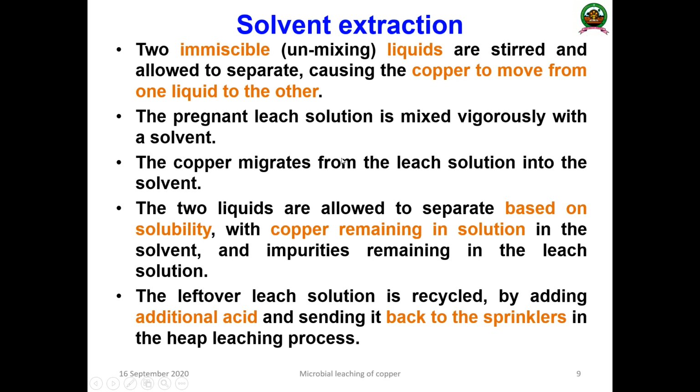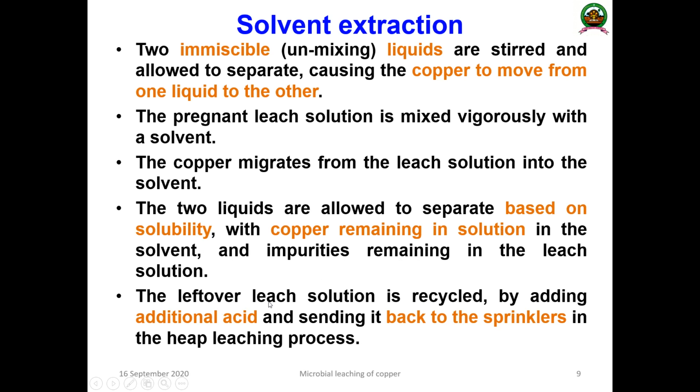Then the copper migrates from the leach solution into the solvent, and the two immiscible liquids are allowed to separate the copper and the acids based on solubility, with the copper remaining in the solvent and the impurities remaining in the leach solution.